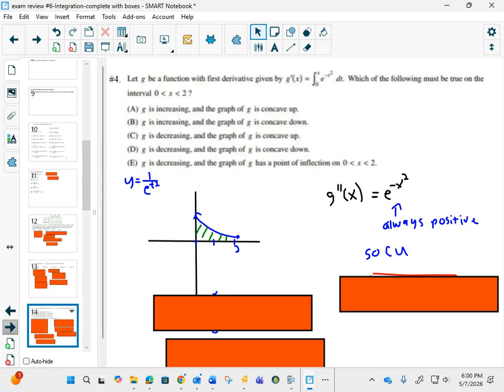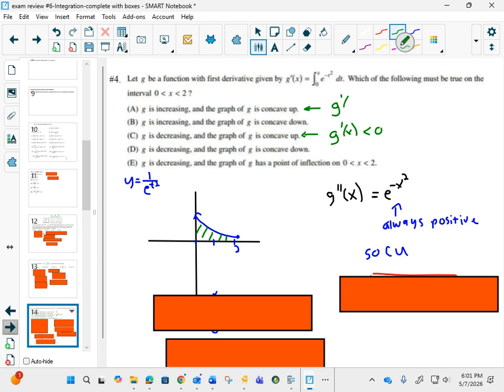But now I'm down to these two. In order to find out about g, I need to find out if g prime is positive or negative. Because if I want to find out g is decreasing, this one implies that g prime of x is negative.